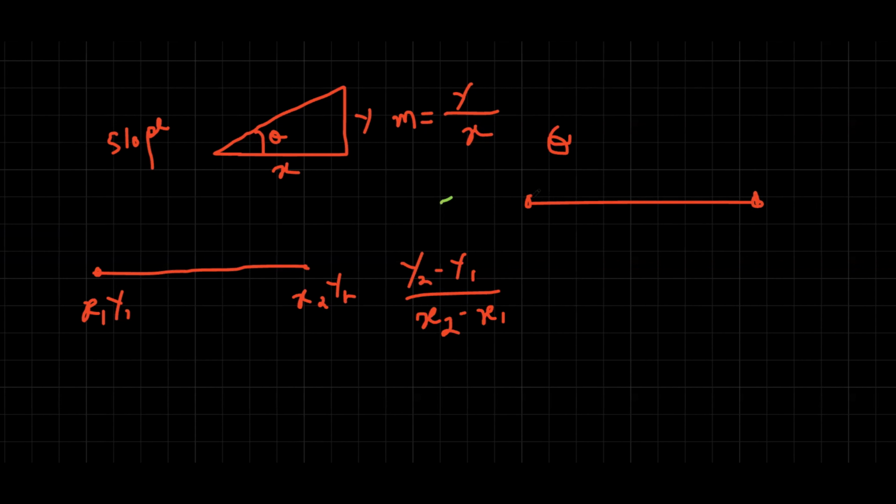If the coordinate of the first point is x1, y1, and the coordinate of the other point is x2, y2, and suppose for any point in between, the coordinate is x and y. If this point x, y lies in between the points x1, y1 and x2, y2, then we can say that the slope of this straight line and the slope of either of these 2 straight lines is exactly equal.